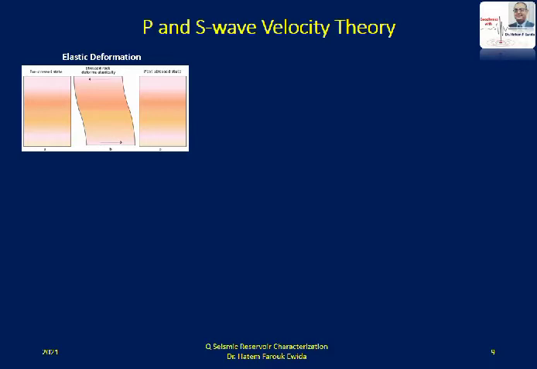And we mentioned that the particles of the rock oscillate, and this oscillation is a type of deformation. This deformation is elastic deformation. You never hear that we acquire seismic in some place and it broke, or the structure changes, or it got faulted.